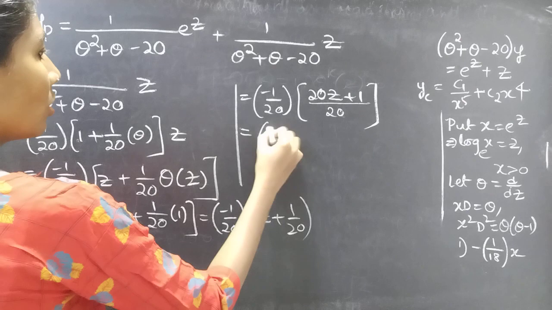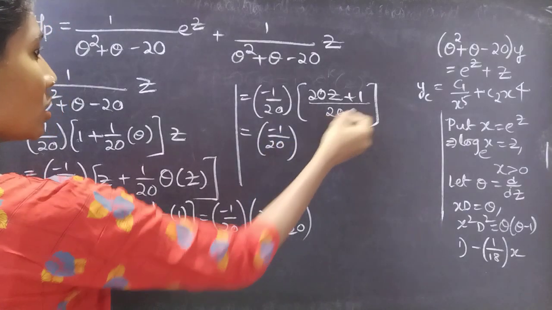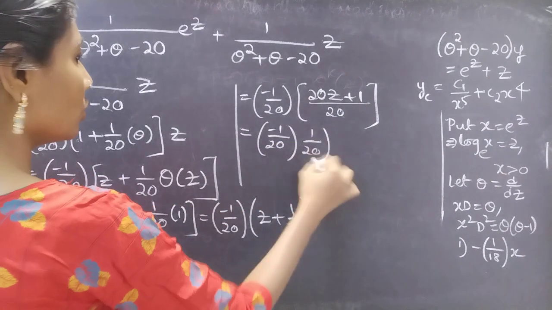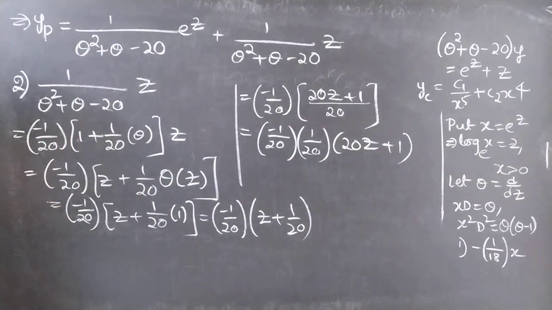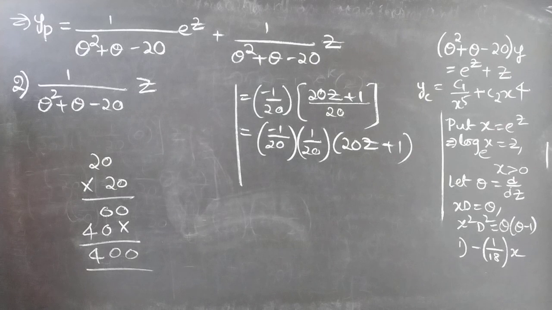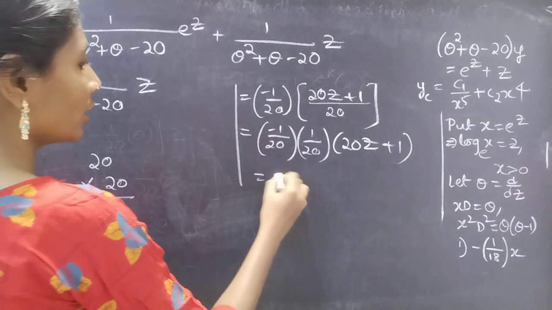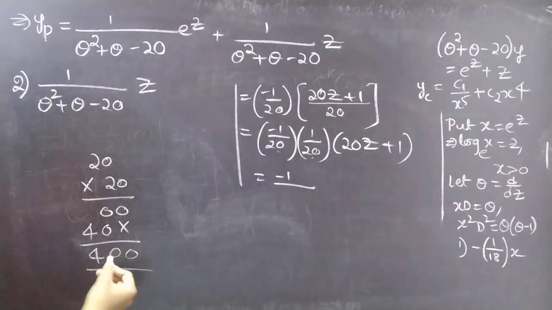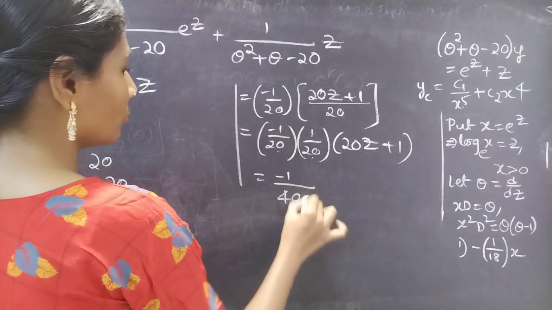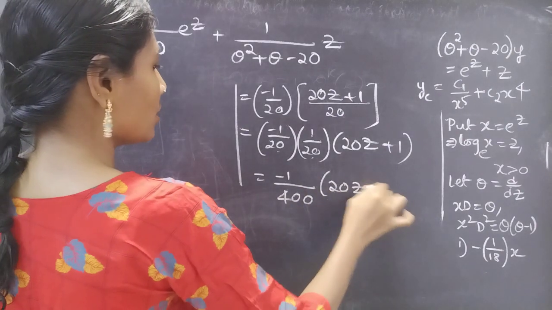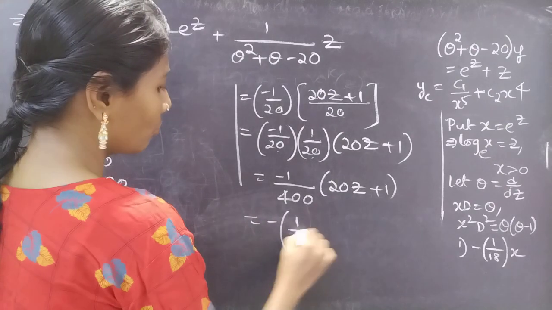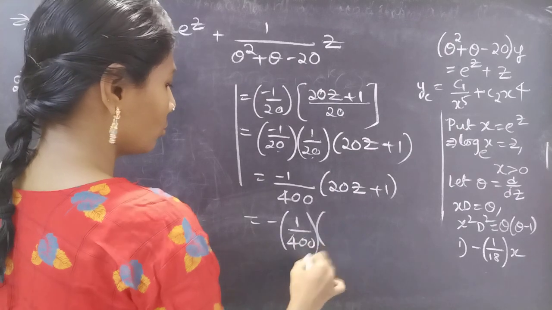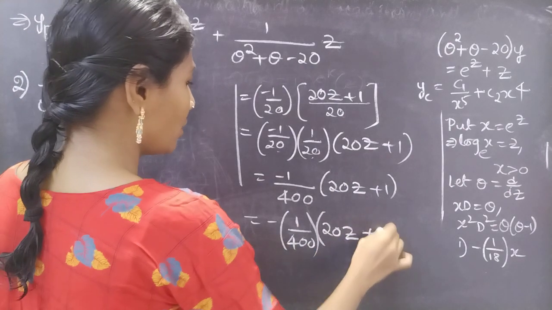This is equal to minus 1/20 into 1/20 into (20z + 1). So this is equal to minus 1 into 1 is minus 1, and 20 into 20 is 400, of (20z + 1). Or you can write this as minus 1/400 into (20z + 1).